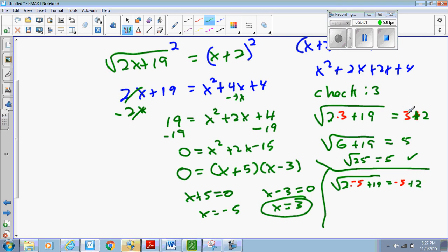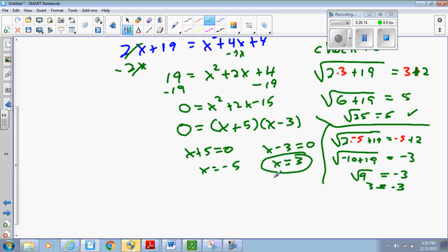Again, I did the same thing I did here, only I'm changing the x's to negative 5. So now this would be the square root of negative 10 plus 19 equals negative 3. So that's the square root of 9 equals negative 3. 3 equals negative 3. It does not equal. So these are not equal. So negative 5 is not a solution to the problem.